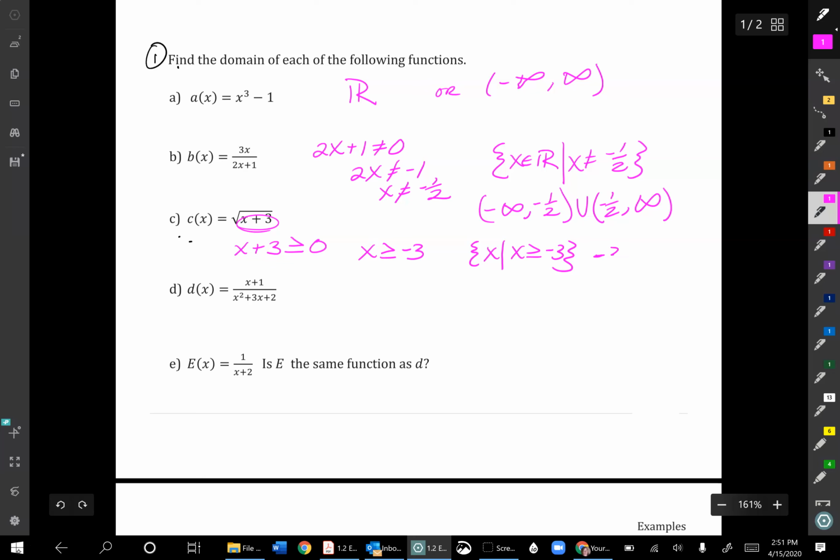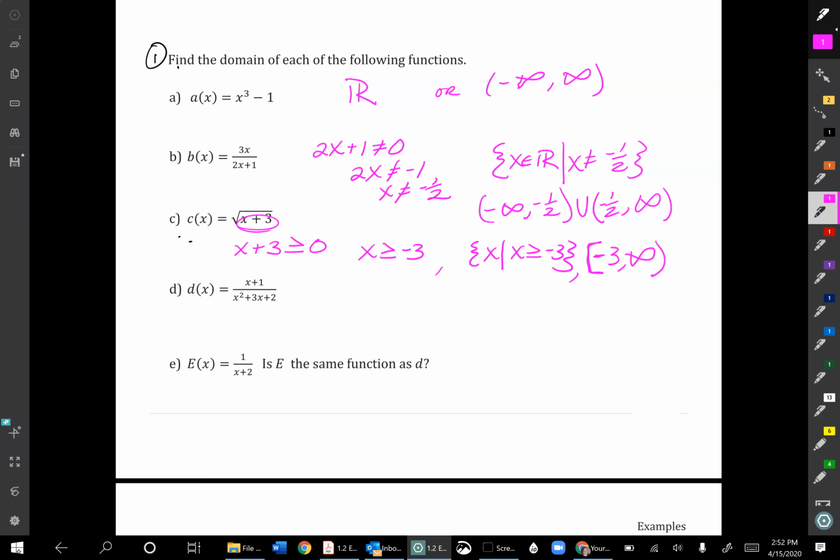So I would have negative 3 and then anything, and it's equal to, because remember it can be equal to 0, so I put a bracket, and all the way up to infinity, well, and beyond, I guess. We never stop, so that's why we're never going to bound the infinity. We have our curved parenthesis.